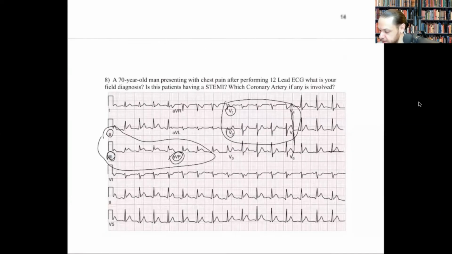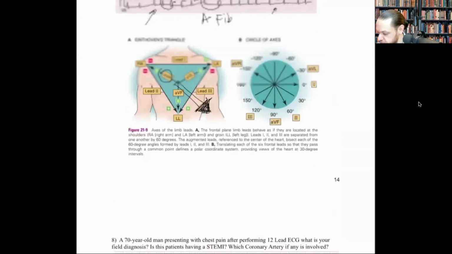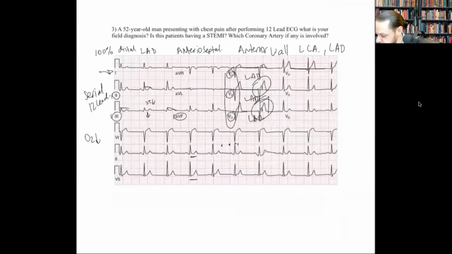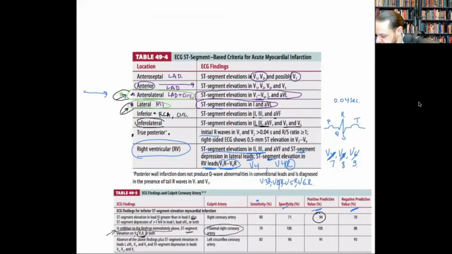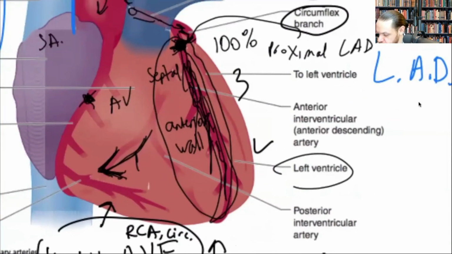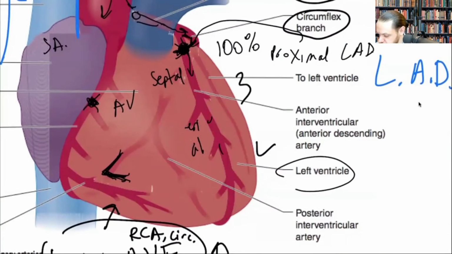Let me go back to that diagram of the heart so you can see what I mean. Here, this is the right coronary artery. This is the left coronary artery. But you see how the circumflex, I'm taking purple color, this is the circumflex and how it's coming to the back.